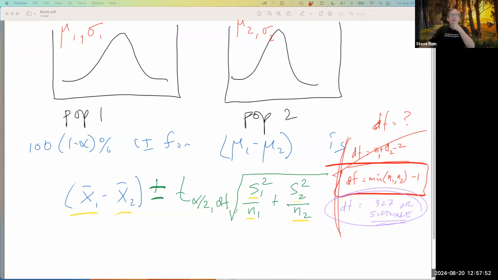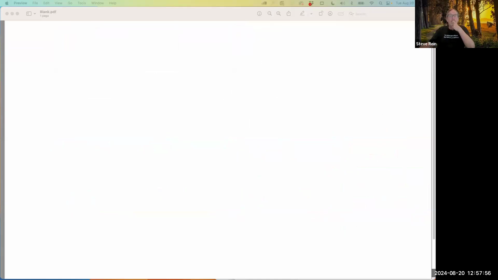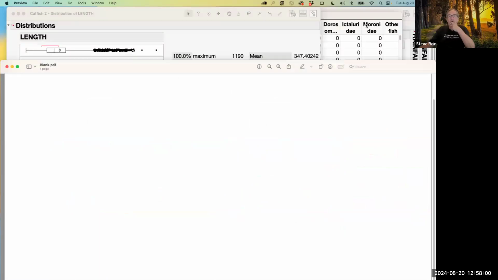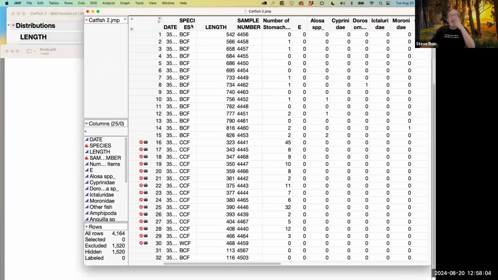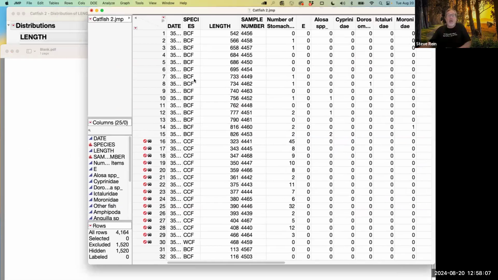So let me show you, in the context of the catfish, how you could get the software to do what you want it to do. Again, we've got our catfish varieties, and I want to compare the lengths of blue catfish and channel catfish. But the channel catfish have been eliminated from my analysis, like the flathead and the white catfish.